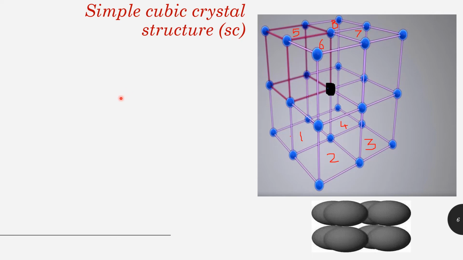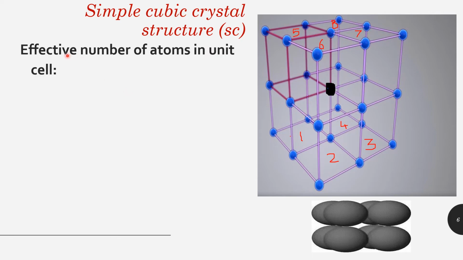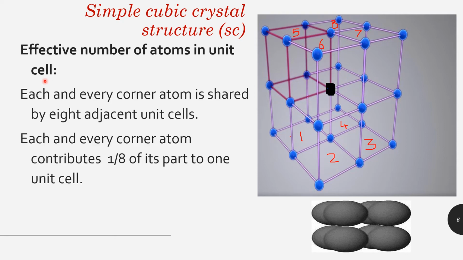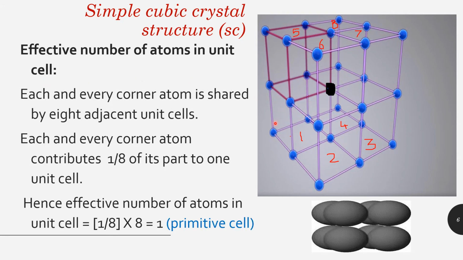Now we will find the effective number of atoms in a unit cell. We will consider that this is the bottom floor and this is the top floor with the unit cells. Now consider this corner atom of this red unit cell. You will find that this corner atom is shared by 8 unit cells.